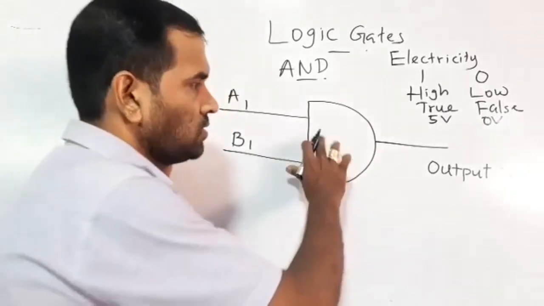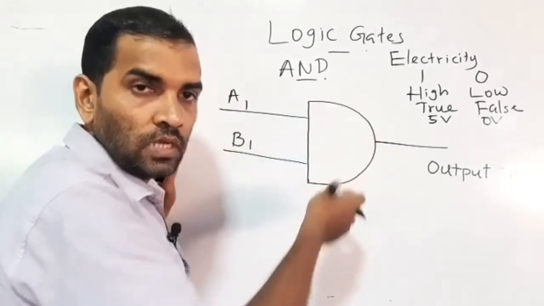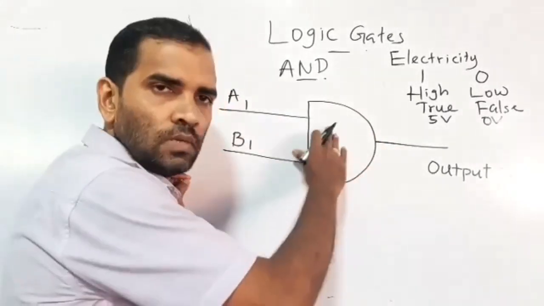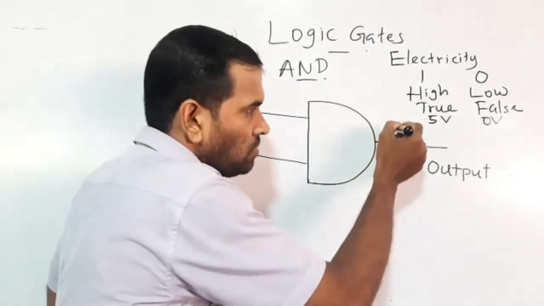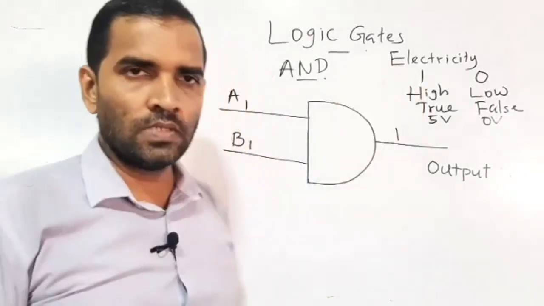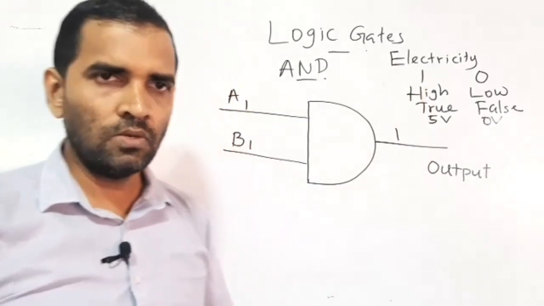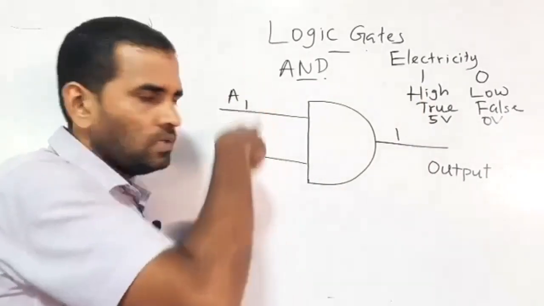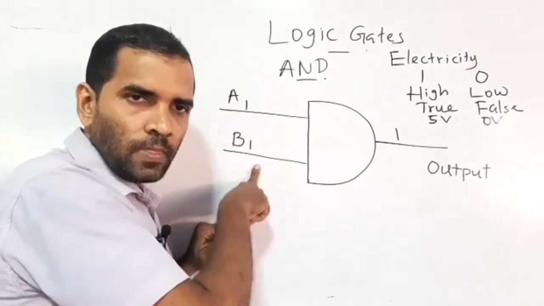We don't know the process yet, but I will tell you later. After some processes, you will get electricity as output. Again, see it. Wire A has electricity, wire B has electricity.